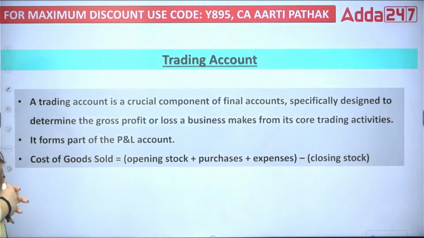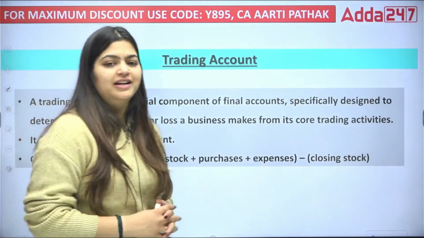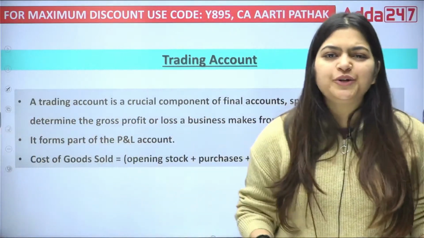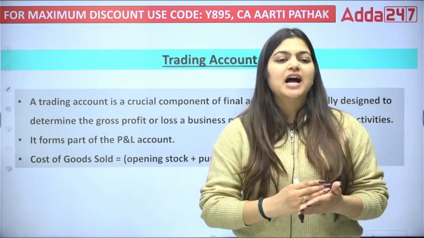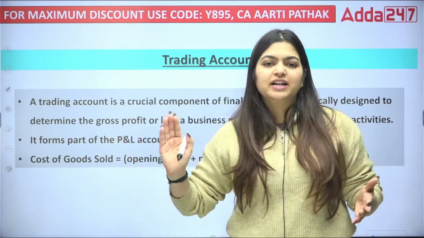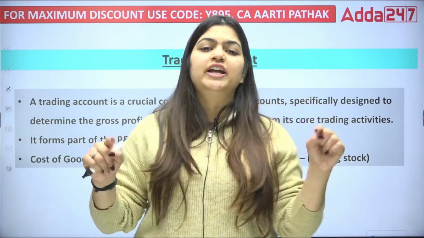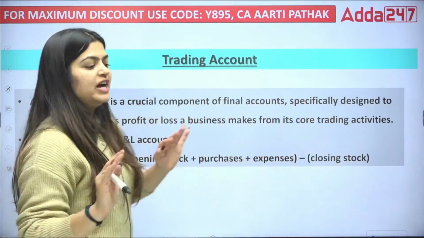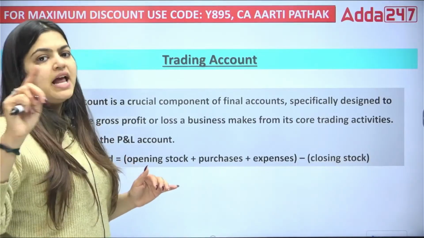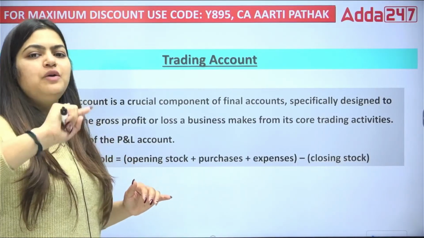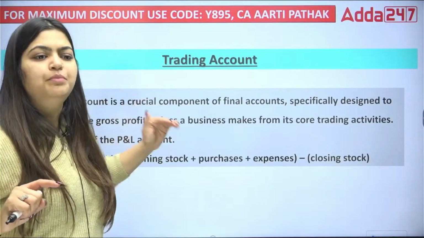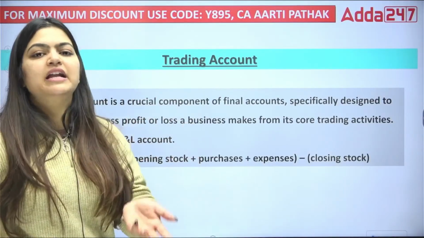So, let's start with the very first one, that is trading account. As I already told you, this trading account is a part of your final accounts only, part of your P&L account only. We are never classifying into separate heads. We have only two heads, P&L and balance sheet. Under P&L, you have sub-classification like trading, P&L, and then P&L appropriation.